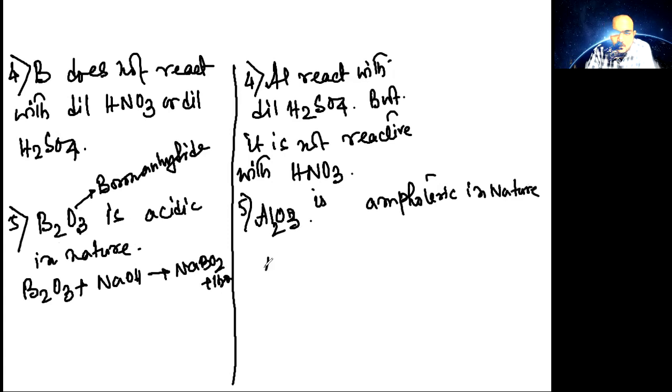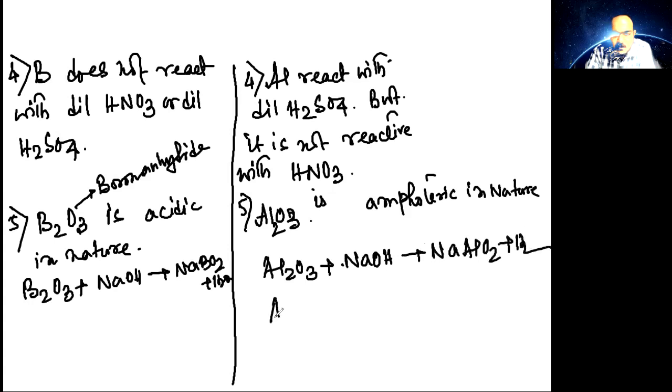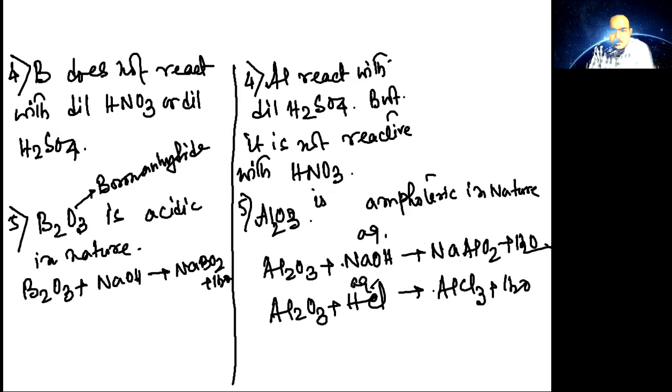Actually, it reacts with both: Al2O3 plus NaOH produces NaAlO2 plus H2O, or Al2O3 plus HCl will produce AlCl3 plus H2O. This is in aqueous condition.